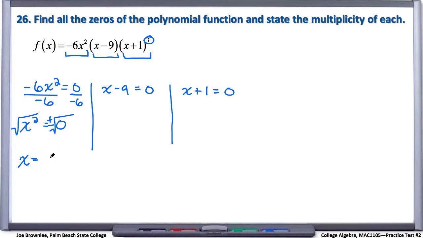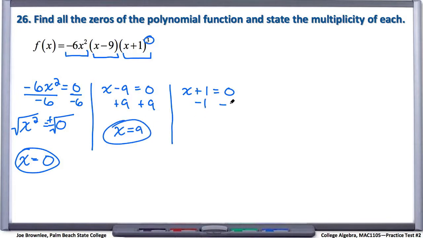The plus and minus doesn't have any effect, so we end up with x equals 0. In the middle, we add 9 to both sides, which leaves x equals 9. At the end, we subtract 1 from both sides, which leaves x equals negative 1.